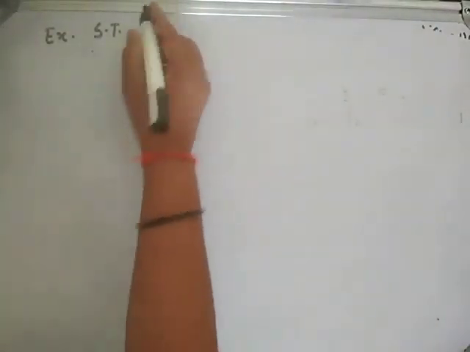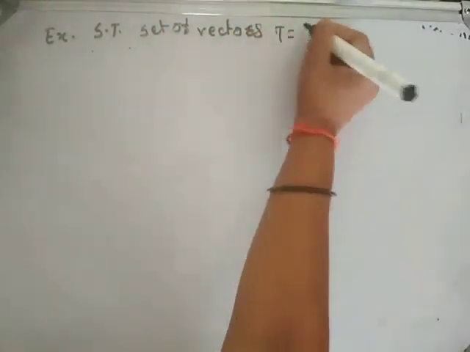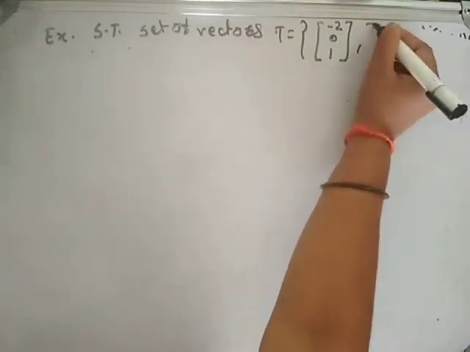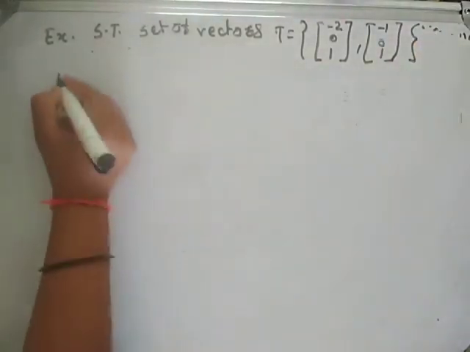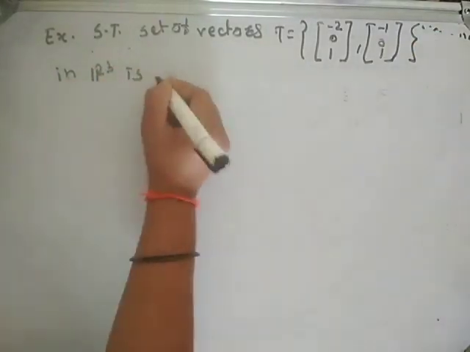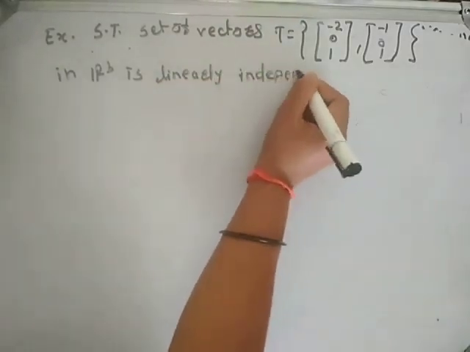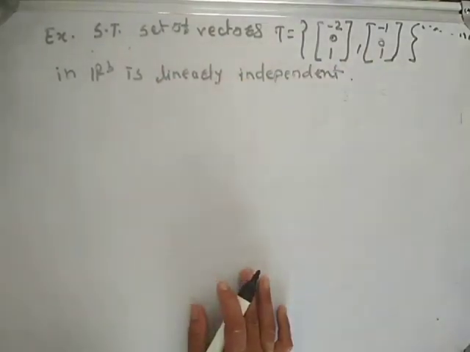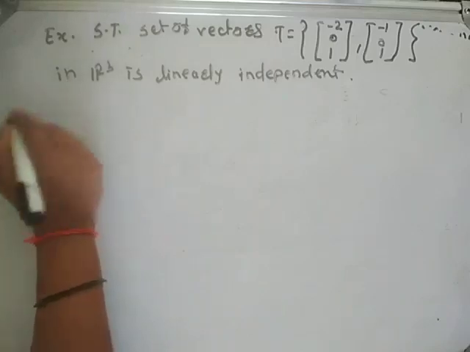Let us take one more example. Show that the set of vectors T equals {(-2, 0, 1), (-1, 0, 1)} in R3 is linearly independent. Solution.